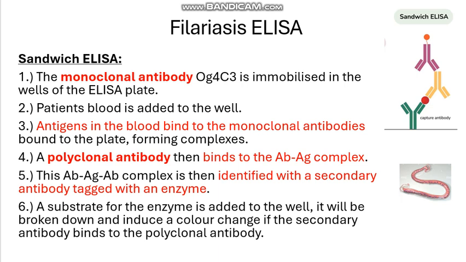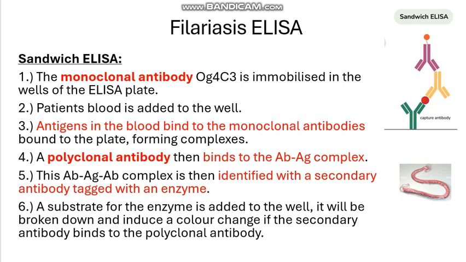So the monoclonal antibody, OG4C3, is immobilized in the wells of the ELISA plate. If you look to this image on the right here, you can imagine this black line at the bottom is the ELISA plate, and the monoclonal antibody is the green antibody shown at the bottom.